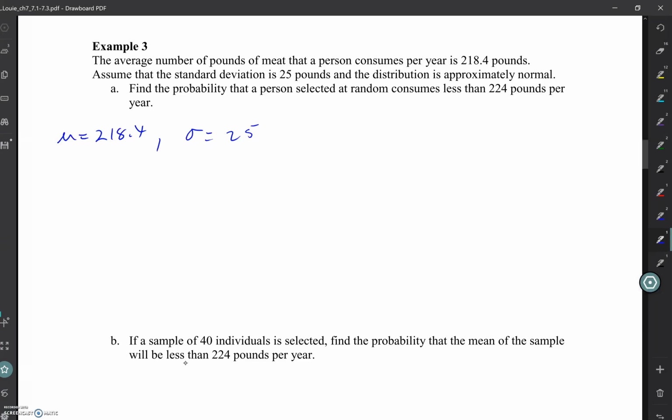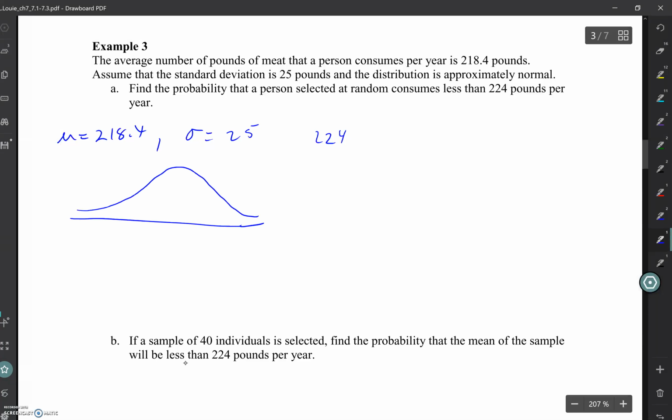All right, so we got 224, sorry. So I'm looking at a mean of 218.4 and then 224 and less.